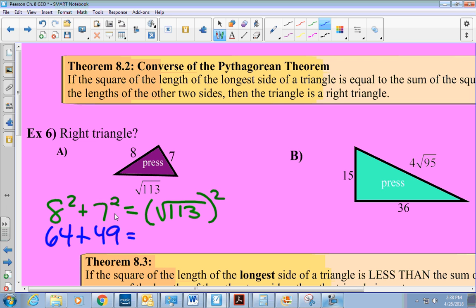And Jenna, here's a crazy question. Square root of 113, when we square it, what is that? Yeah, it's 113. A square and a square root cancel each other out.